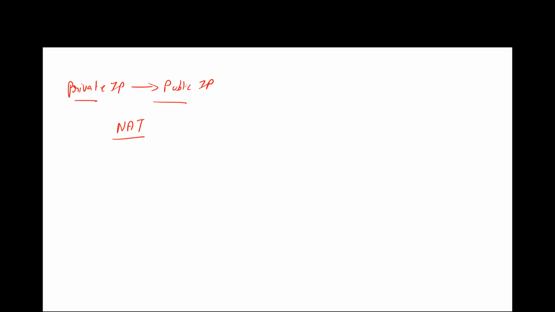So guys, how many types of NAT configurations do we have? Three types. What are those?